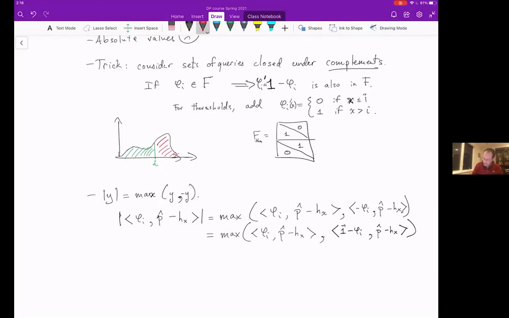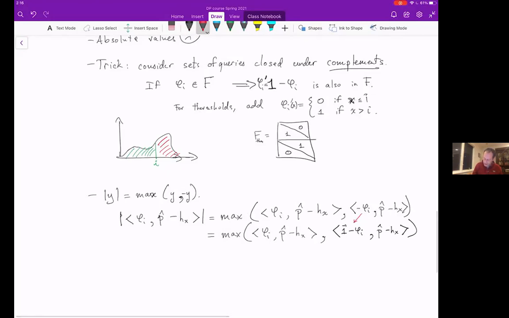And I claim that doesn't actually change the quantity at all. When we go from minus phi to 1 minus phi, we're adding this all ones vector, and that doesn't change anything because this vector here, p hat minus h of x, has entries that add to 0. The entries of p hat add to 1 and the entries of h add to 1, so the entries of p hat minus h add to 0.